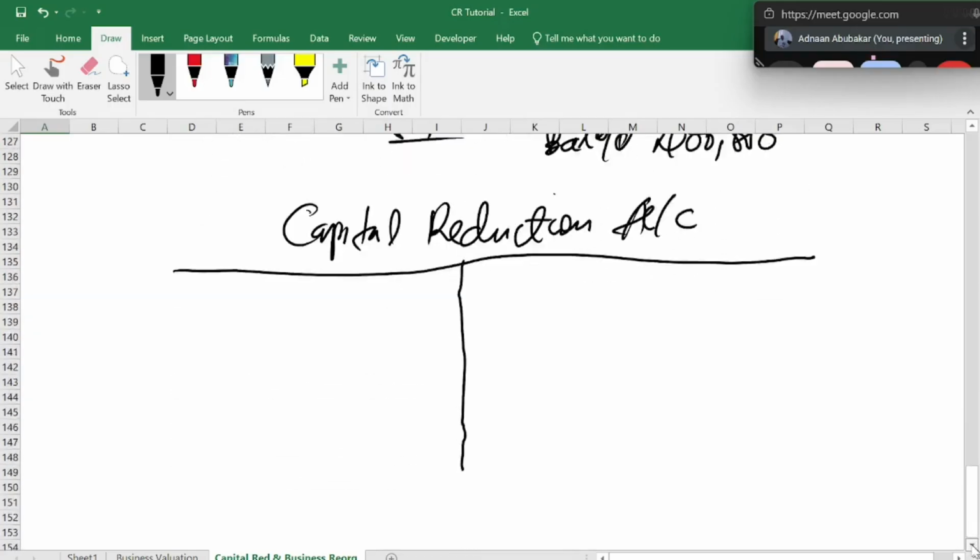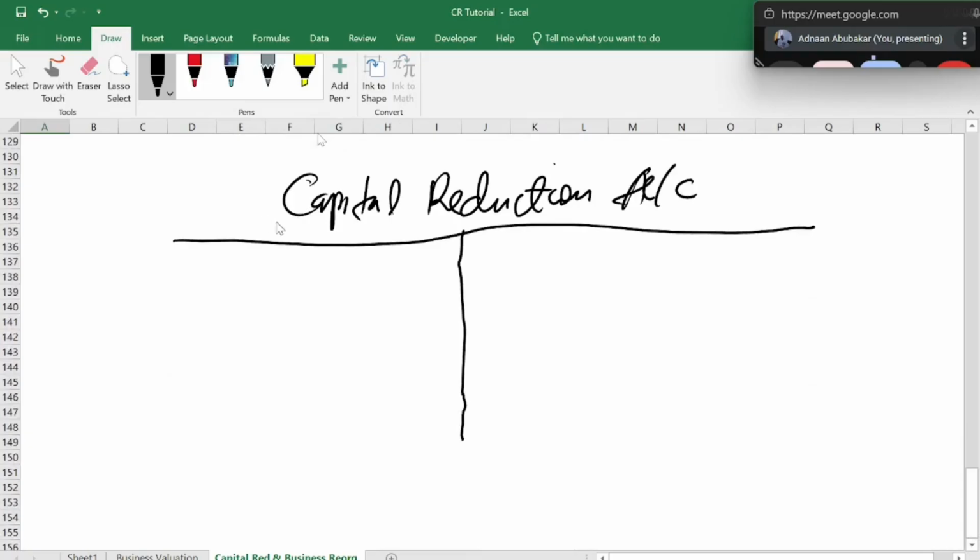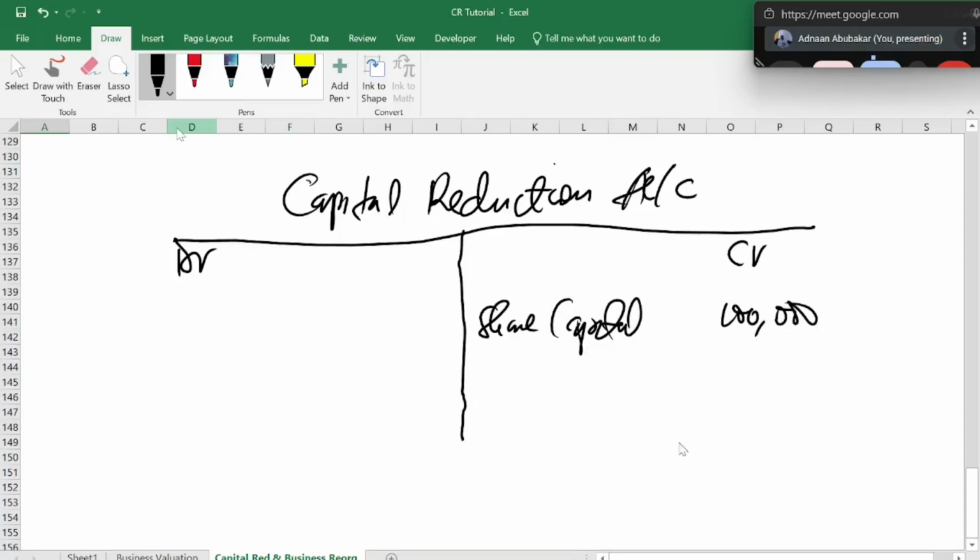Good. So whatever is a debit in that ledger account, you bring it at the credit side of the ledger of the capital reduction account. You understand? So here you have your share capital, which is 100,000. Do you understand this? Okay.